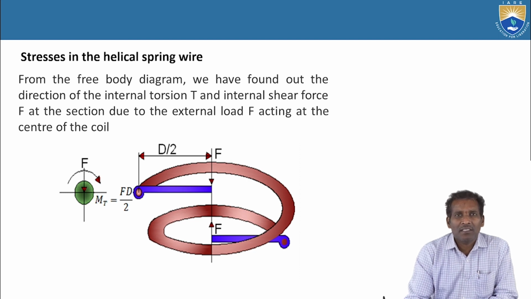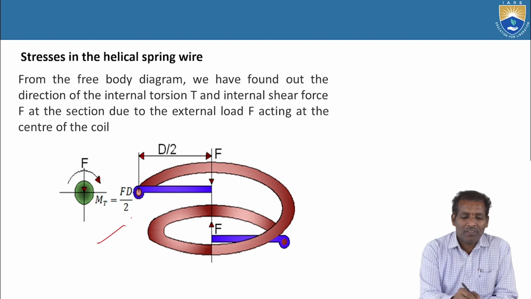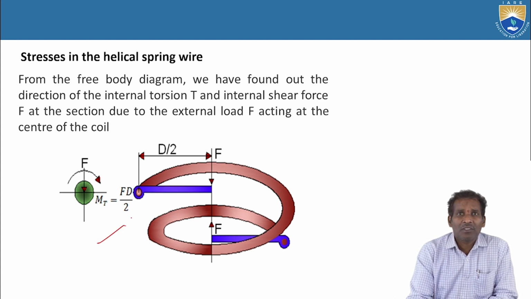Next one is, in designing, you have to calculate the stresses. From the free body diagram, you have found out the direction of the internal torsion. So free body diagram given. So calculate torsion and internal shear force.